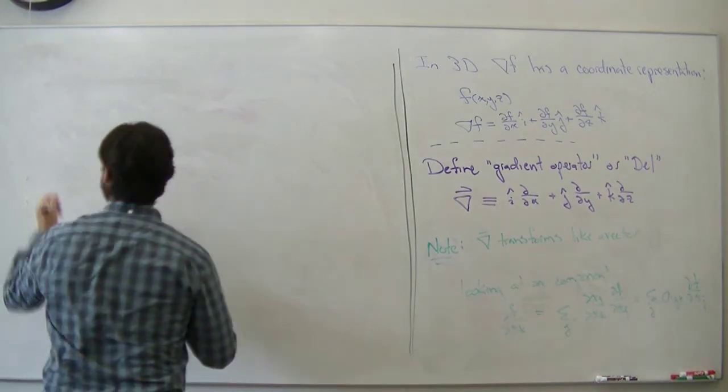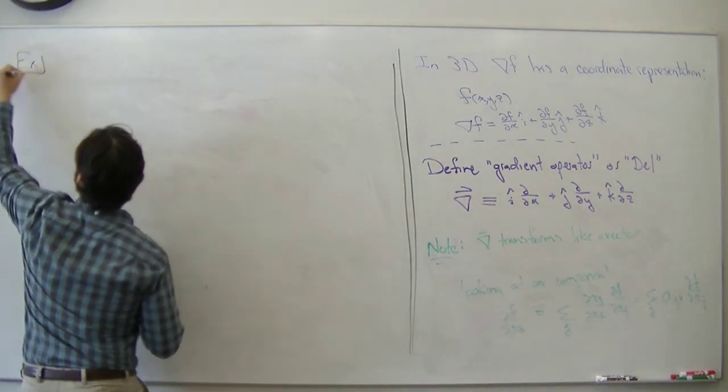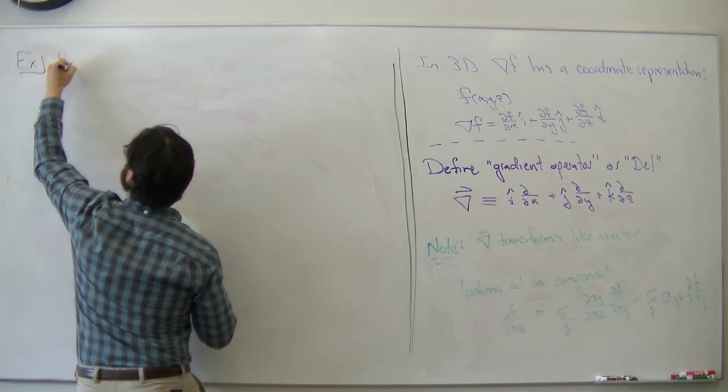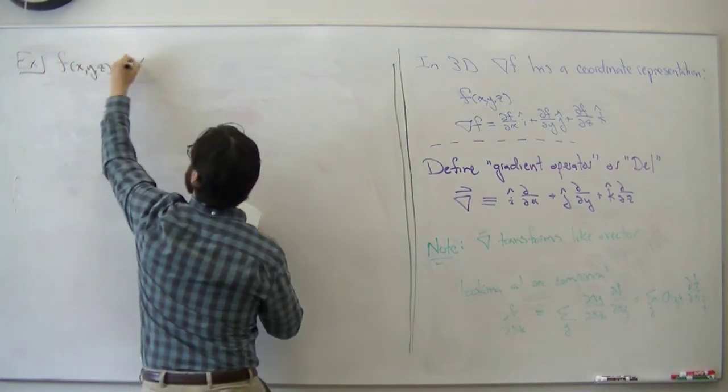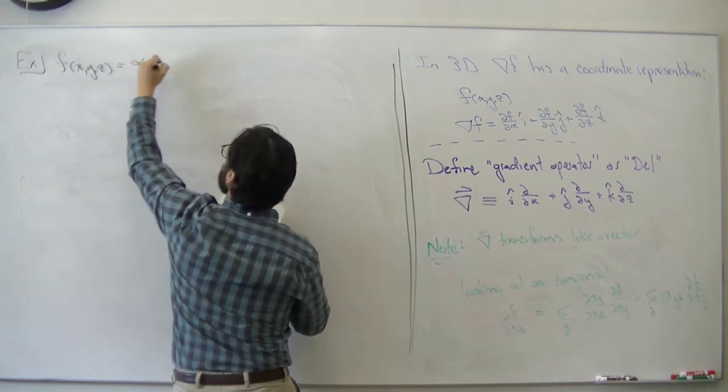So let's do this in 3D Cartesian coordinates. And let's say that we have a function that looks like this.